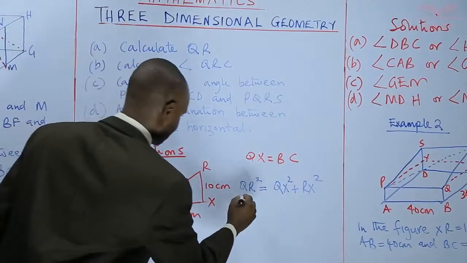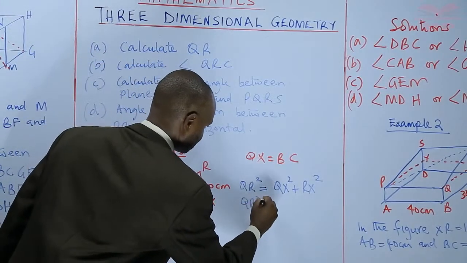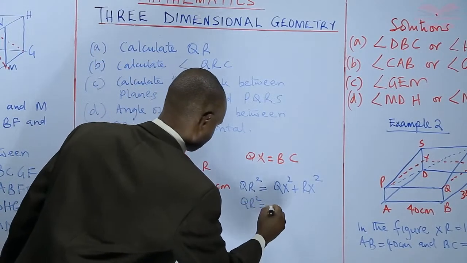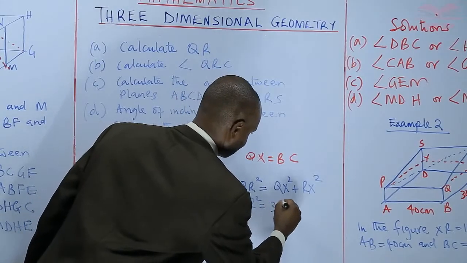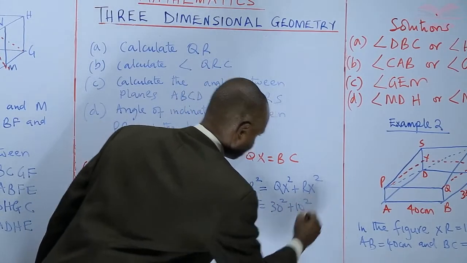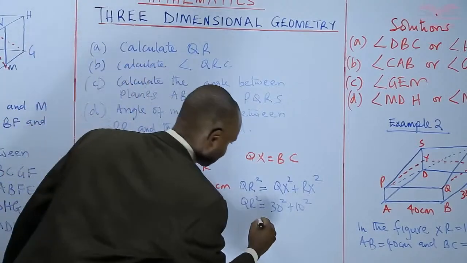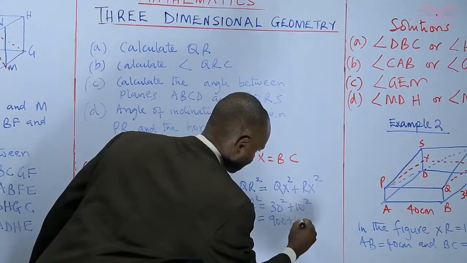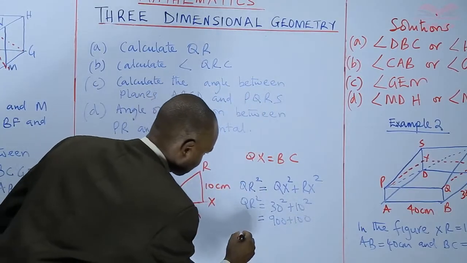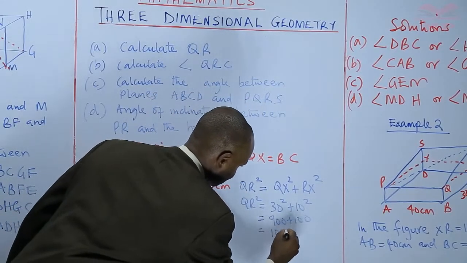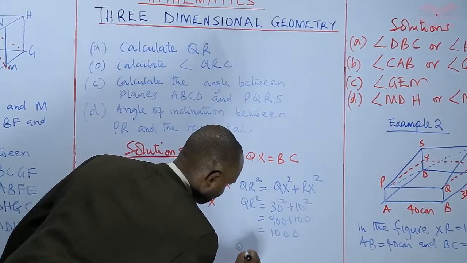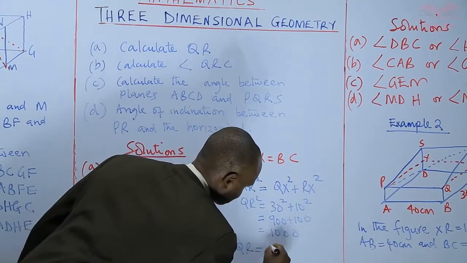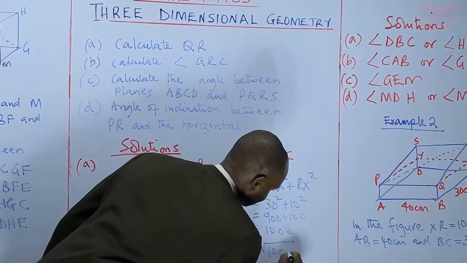So QR squared will be equal to 30 squared plus 10 squared. So this will come to 900 plus 100. So this will give you 1000. So QR will be equal to the square root of 1000.